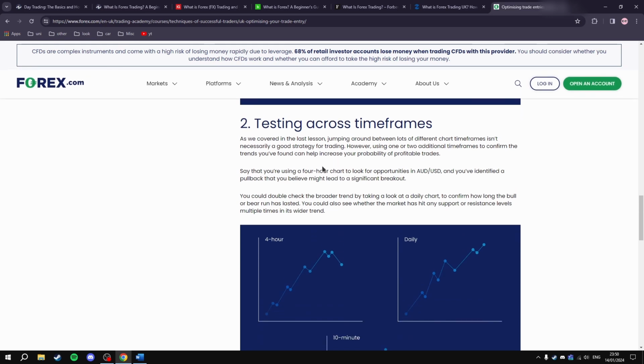Testing across time frames. As we've discovered in the last lesson, jumping between lots of different chart time frames isn't necessarily a good strategy for trading.